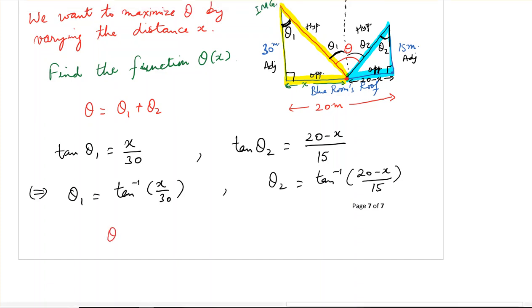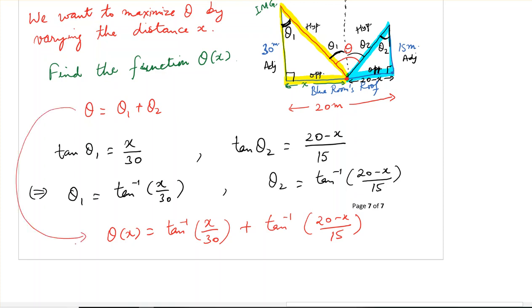So we can write our function theta of x as tangent inverse x over 30 plus tangent inverse (20 minus x) over 15. So I just simply put the values in this equation.